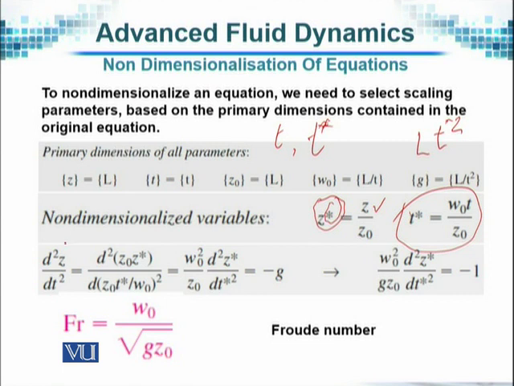The acceleration is given by d2z by dt2, and this can be written as d2 by dt2 of, now z is replaced by z naught times z asterisk. Why? Because z asterisk is equal to z over z naught.